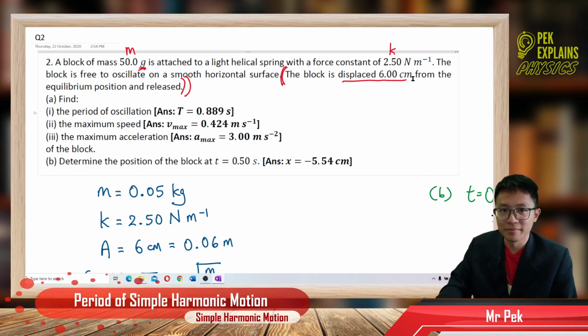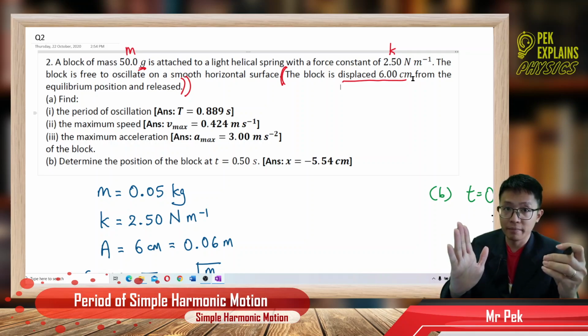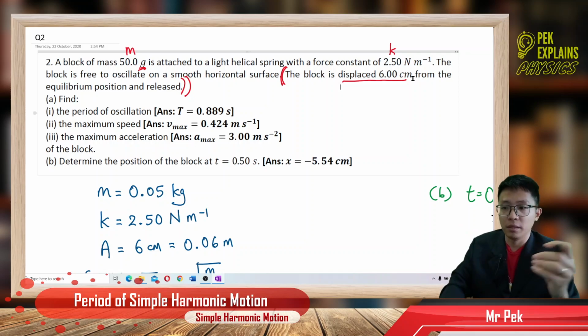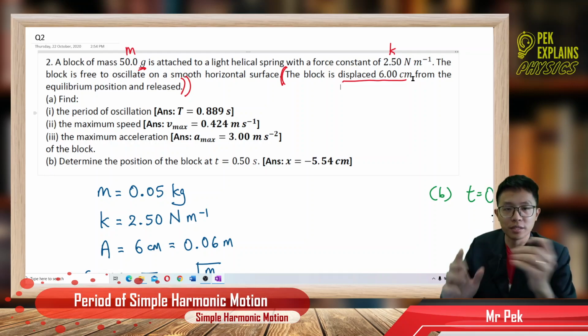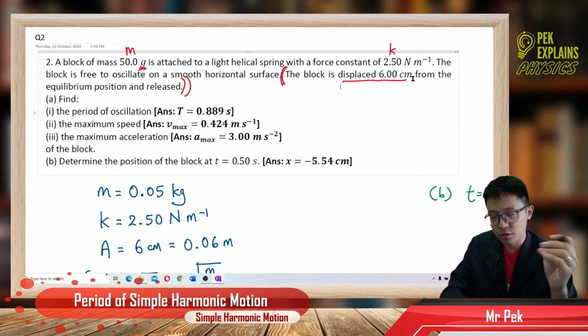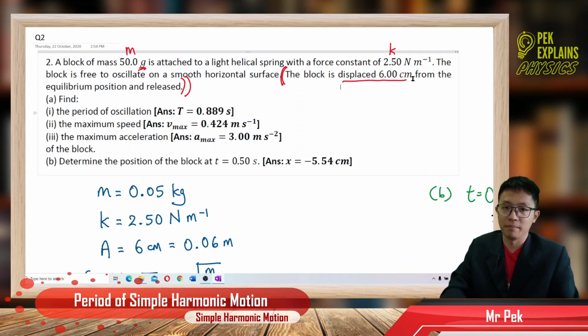Become 10 cm? That's not possible, right? You pull, how much you pull, then it will oscillate with that much. You pull 6 cm, then it will also oscillate with amplitude 6 cm.